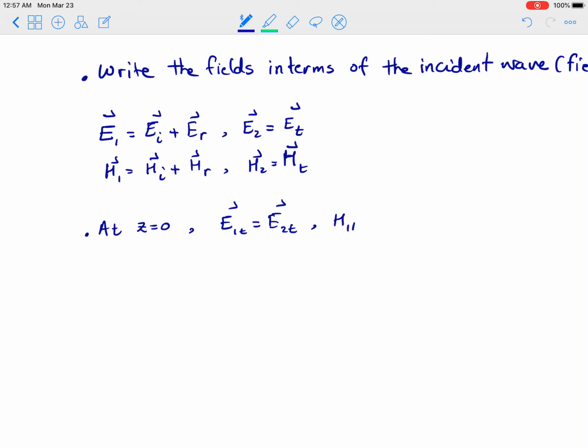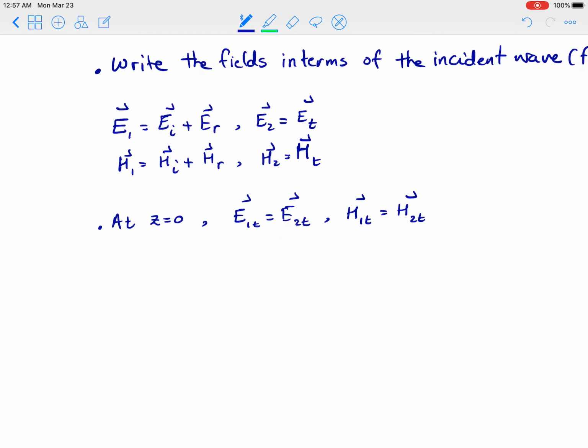This is from the boundary conditions that we studied. H1 tangential should be equal to H2 tangential.